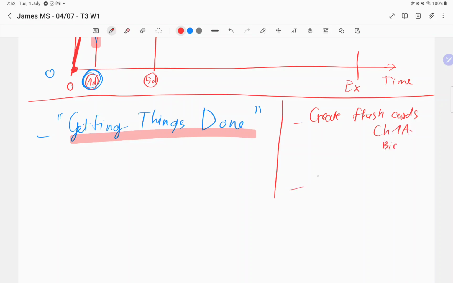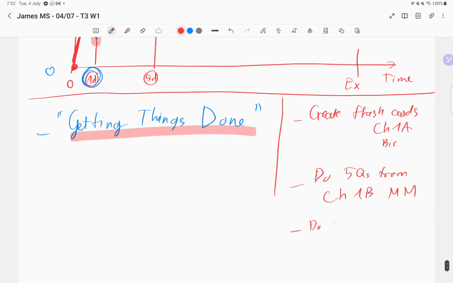Or you may have another task called do 5 questions from chapter 1B math methods. So you see how these actually turn into tasks, and then do, let's say, 5 questions from chapter 2A math specialist, and we can keep going, right?